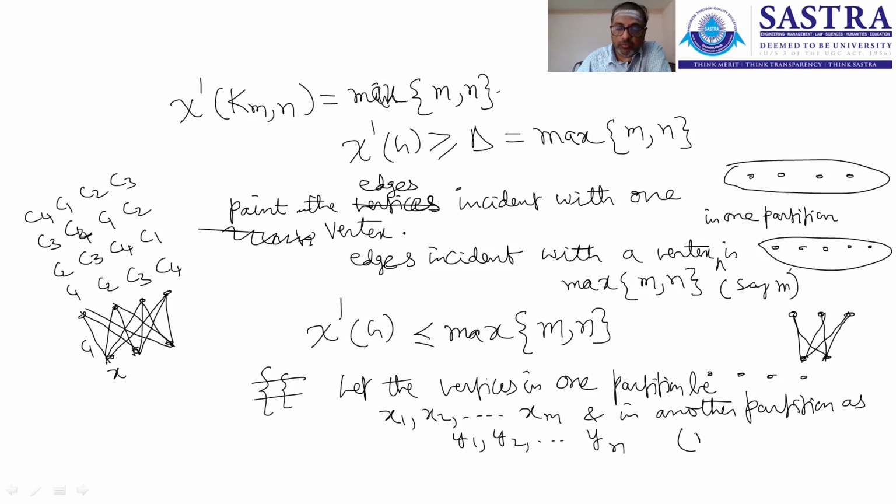I will assume m is less than n. So now using this technique, I have to just write down the partition. What will be the partition? Let me write it in the next slide.